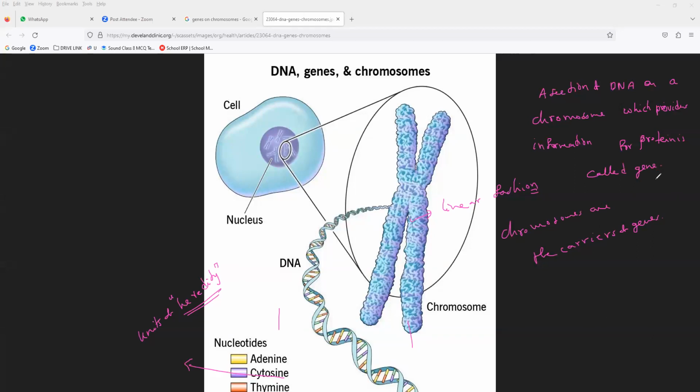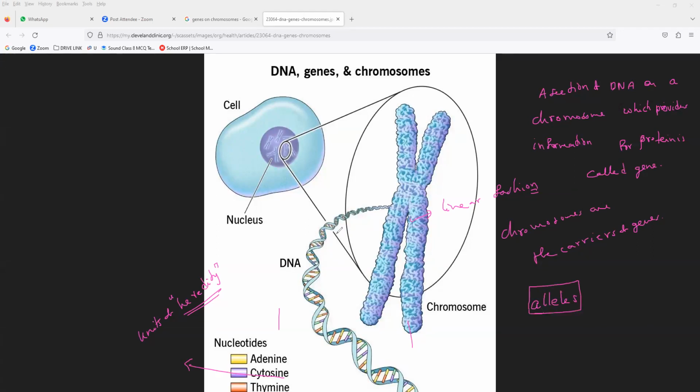So, if I take normal characteristics, please all of you remember, in a normal condition, each gene has two alternative forms of a character, which produce different effects. The alternative forms of a gene are what we call alleles.